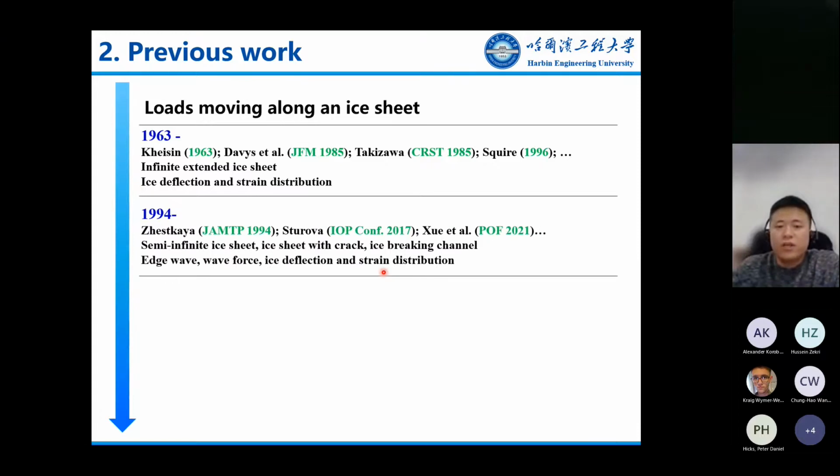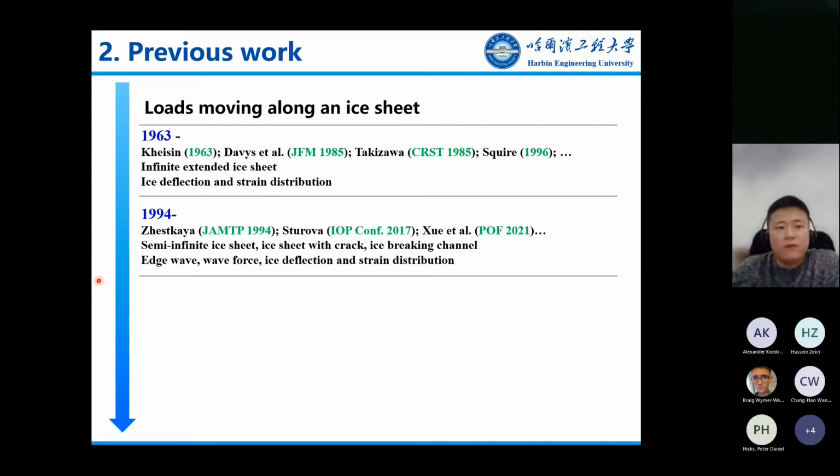Because the air cushion vehicle is amphibious, it can move both on the surface of the ice sheet and on the water surface. So, some scholars studied the problem of a load moving on semi-infinite ice sheet and semi-infinite open water, such as Zaskaya's work. Besides, the ice sheet is non-homogeneous. Cracks can exist in the ice sheet.